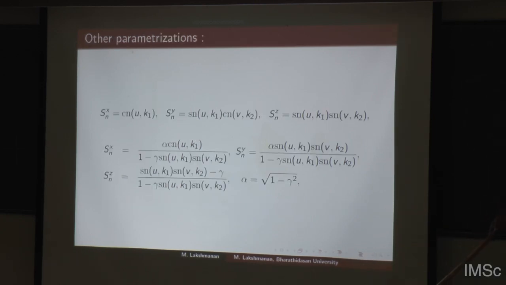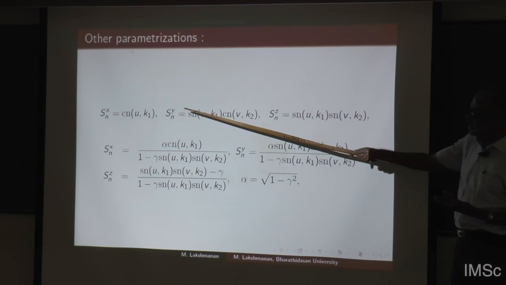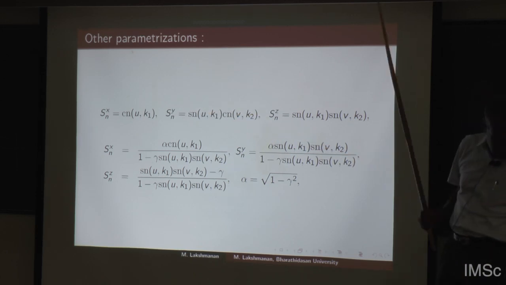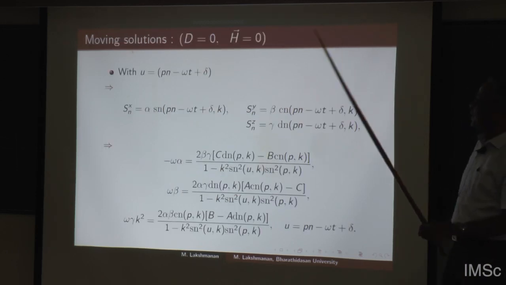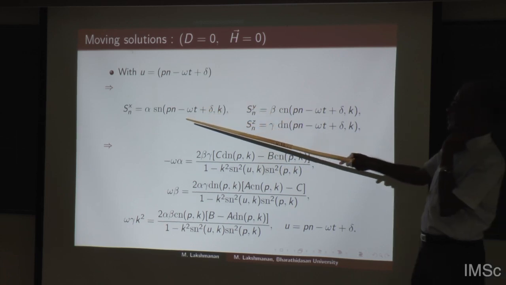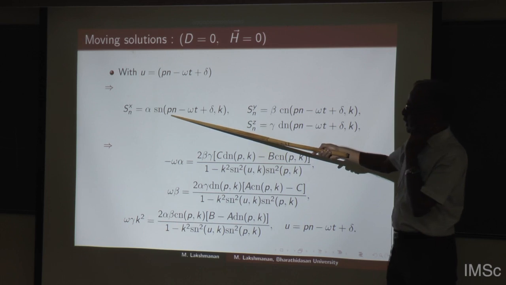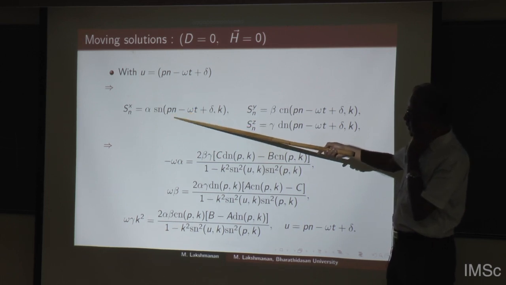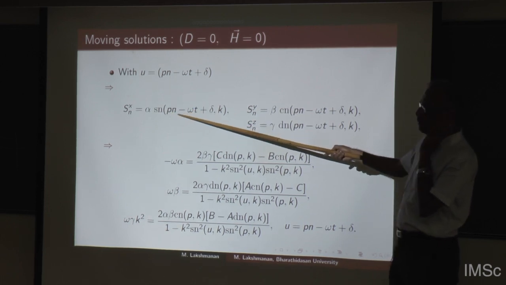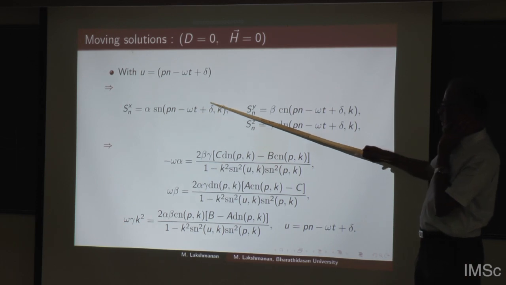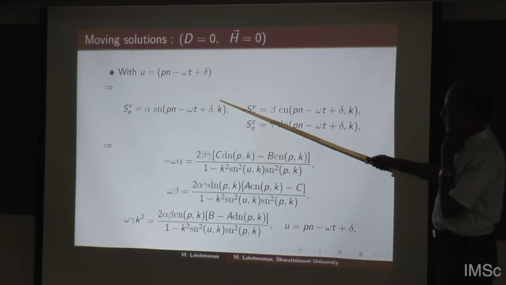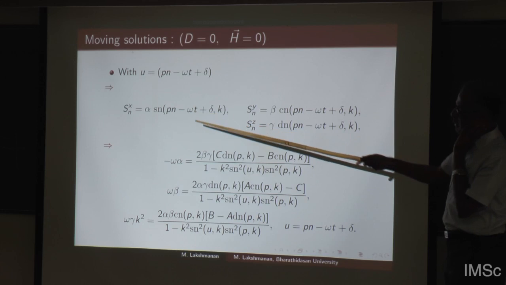So you can try to look at even more general cases. I will not go into the details. For example, if I look at solutions like S_n^x equal to alpha Sn(Pn minus omega t plus a parameter), where n corresponds to the site, P is the momentum, and k is the modulus of the elliptic function.